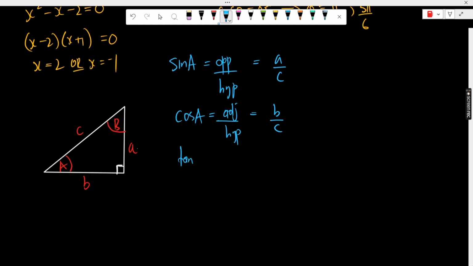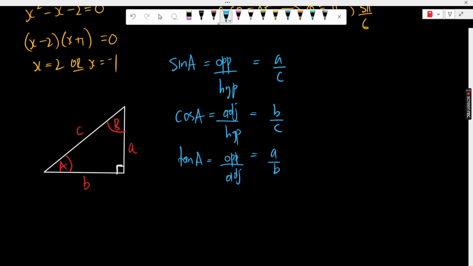I could therefore say that tan A is equal to opposite divided by adjacent, and this would be equal to A over B. So there I have my three major trig ratios.